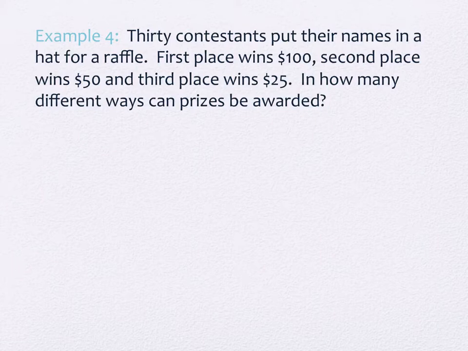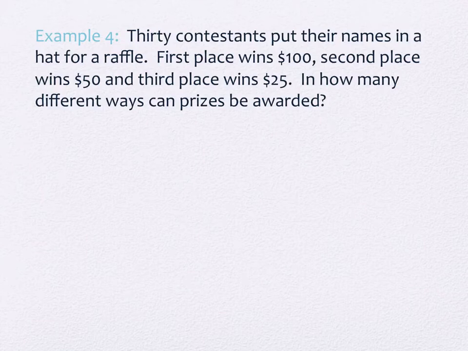So it matters whether you were chosen first or third, because your prize is different. Those are distinguishably different prizes. So it's not the people that are distinguishably different, although they of course are. It's the prizes that are different, which is why this is a permutation problem.